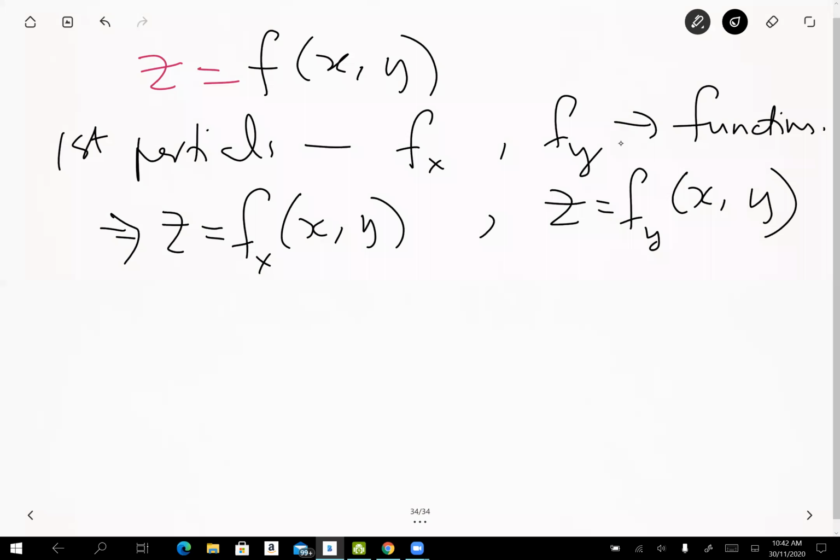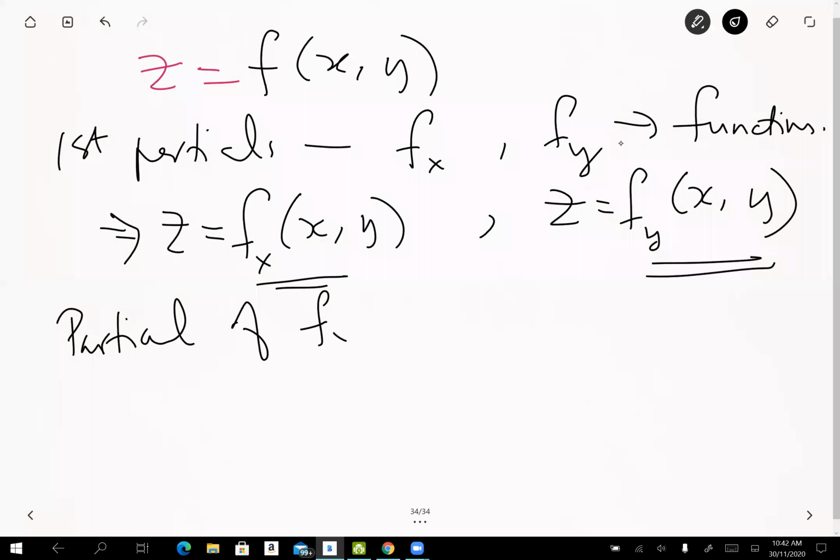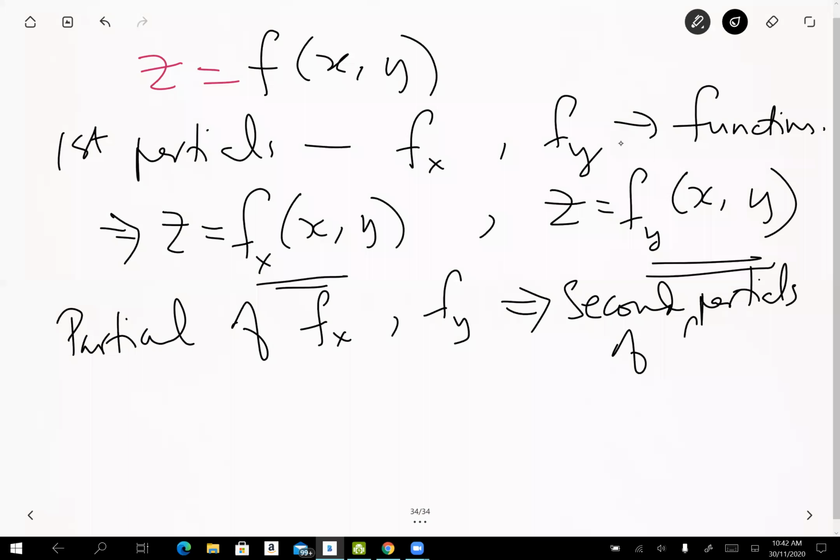So we can take the derivative of these functions since they are functions. So we can take the partial derivatives of Fx, Fy. That we call the second partial of f.